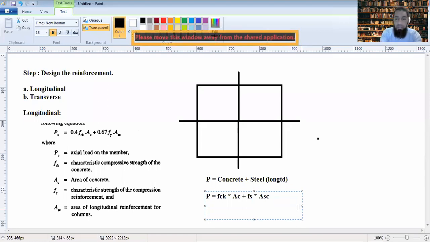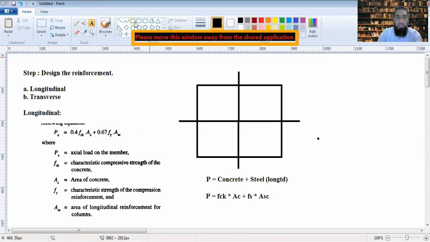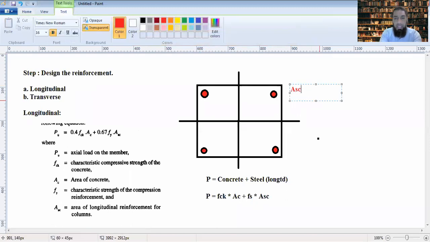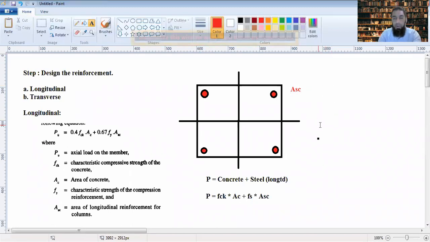So from here, if you now have longitudinal bars here, these are the longitudinal bars, their total area will be ASC of all the longitudinal bars in the column which resist the compressive force.